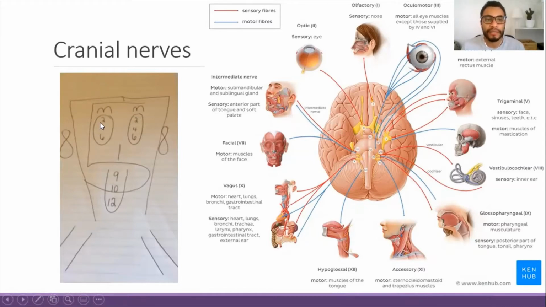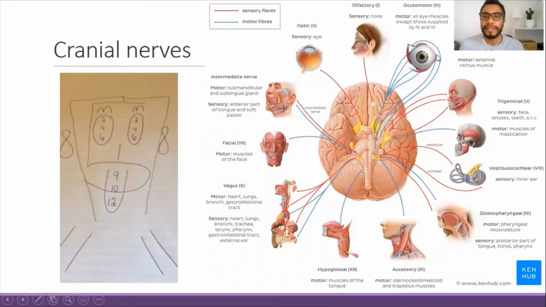Then we can draw here in the eyes 2, 4, and 6. Number 2 in the eyes is the optic nerve. The optic nerve is a sensory nerve, related with sensing eyesight, vision. Then we have number 3 here, located in the eyebrows.